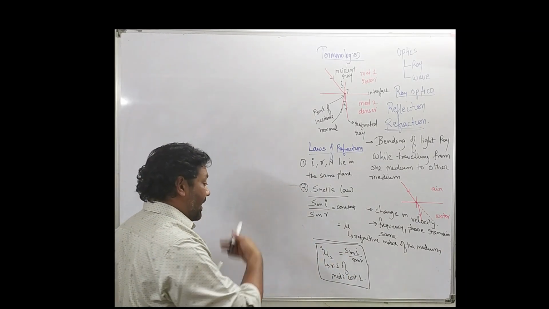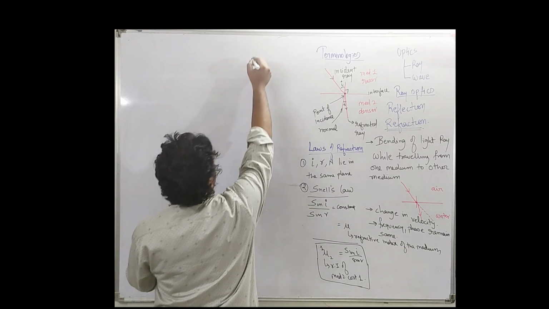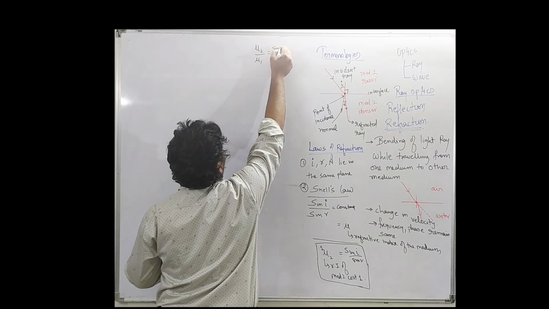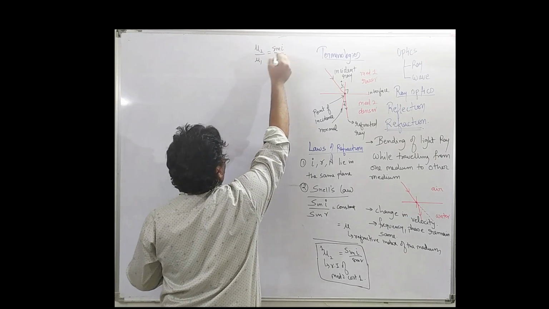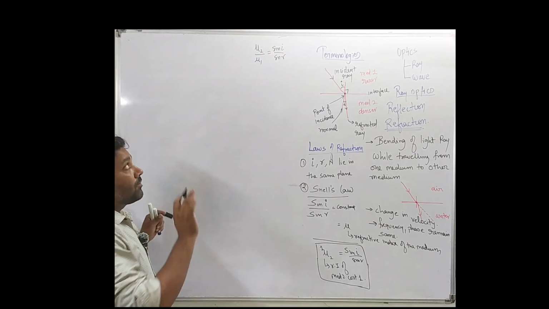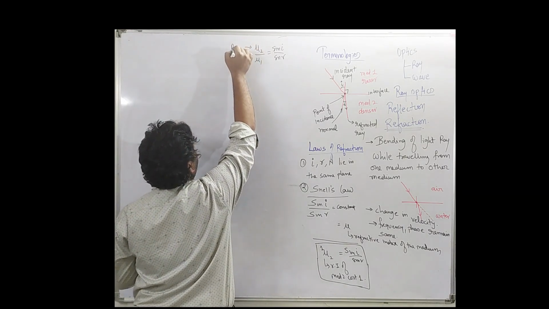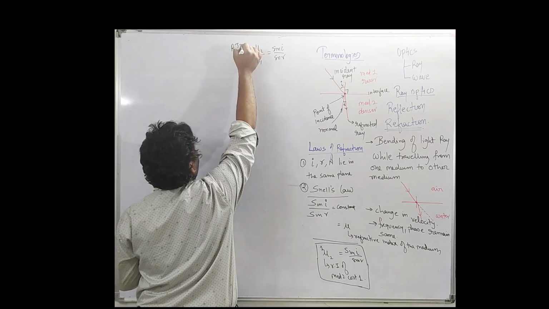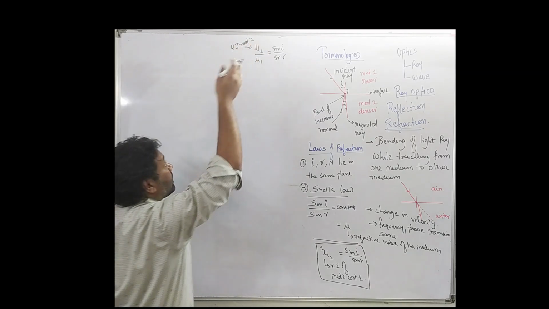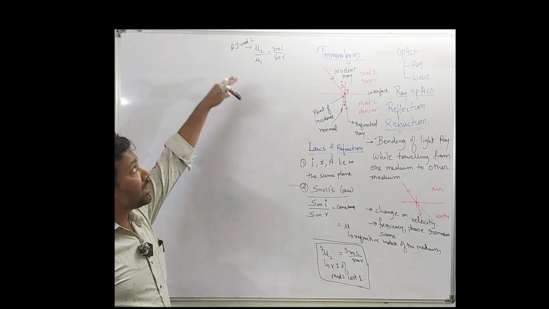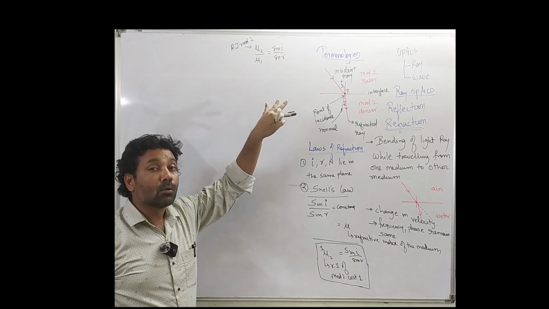This formula can be further rewritten as mu 2 by mu 1 equals sin i by sin r. Mu 2 is the refractive index of medium 2, and mu 1 is the refractive index of medium 1. When we say refractive index of medium 2, we mean the absolute refractive index of medium 2.